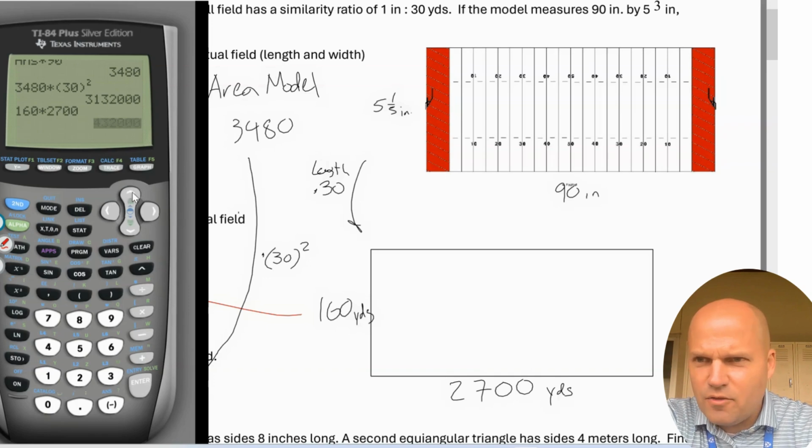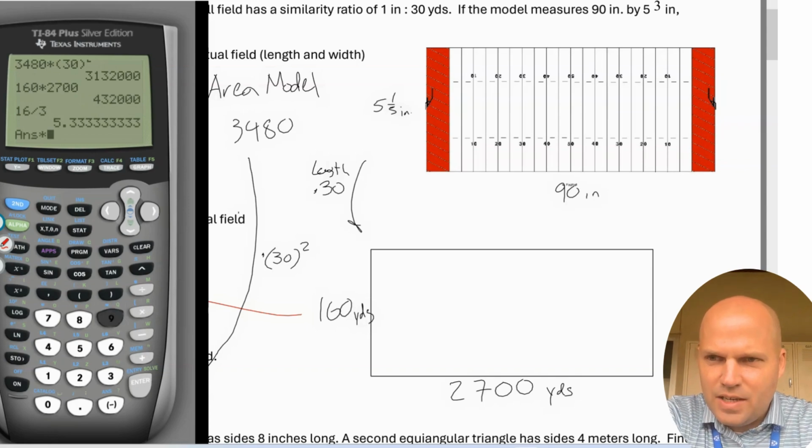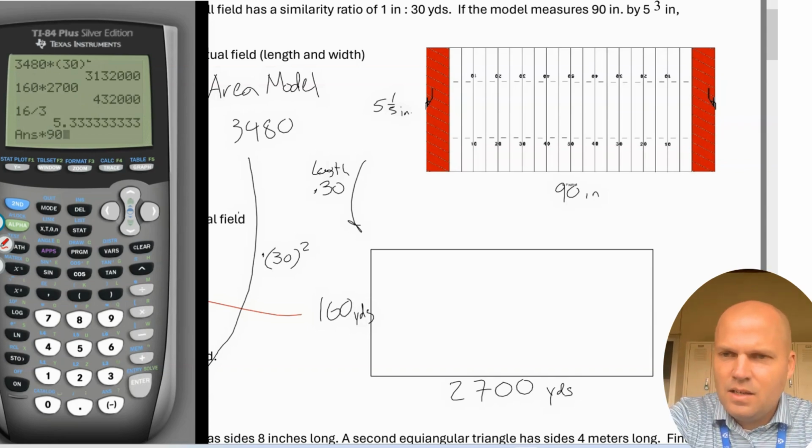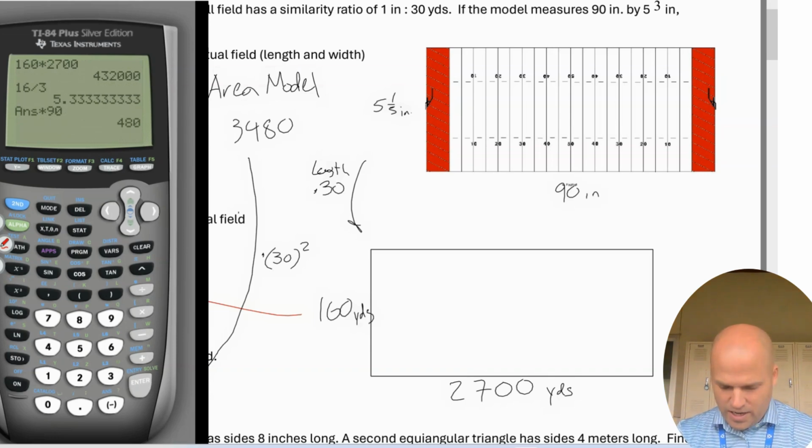I feel like the area of my model is way off. Hold on. Yeah, I did not type in 16/3. You probably caught that. I should have noticed that number seemed off. My apologies. 16/3 times 90 is 480.